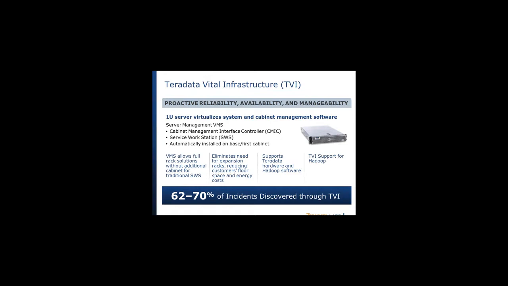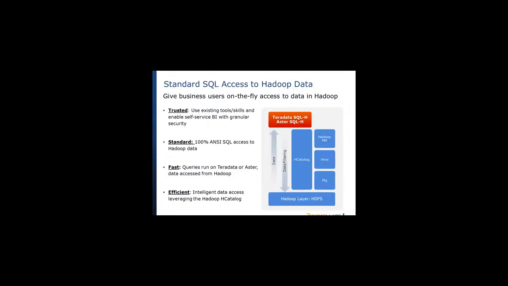And what we find is that we can identify 60 to 70% of incidents in a data center before a customer is even aware of that. So it allows us to provide them much more proactive support and better uptime overall for the system. This is fully integrated with our Hadoop appliance with Hortonworks as well. So it's a big value add from an administration perspective of bringing Hadoop into your modern data architecture.